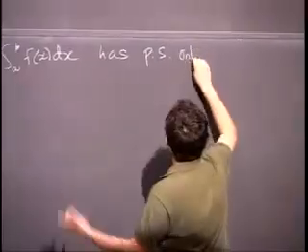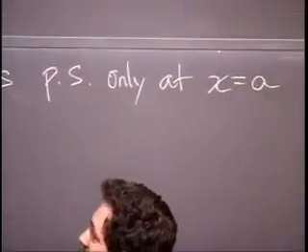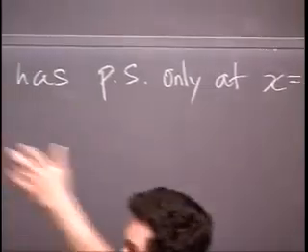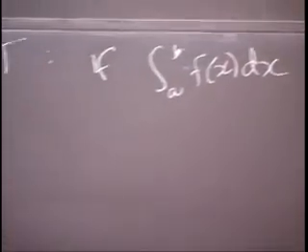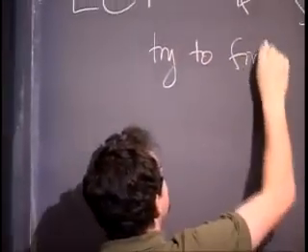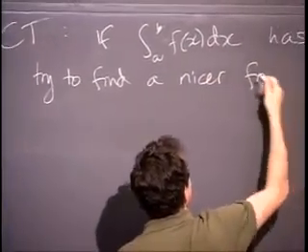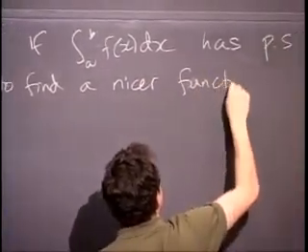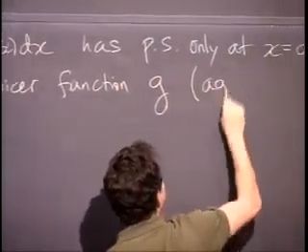So if this has a problem spot, which I'm going to write as PS, only at, say, the left endpoint, although this works equally well with the right endpoint, or infinity, or minus infinity. If that's true, try to find a simpler function, or a nicer function g, and here I'm going to insist that they're both positive.